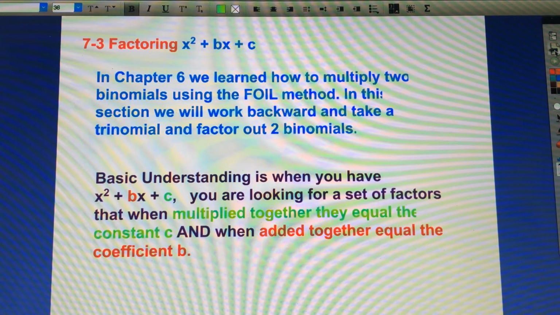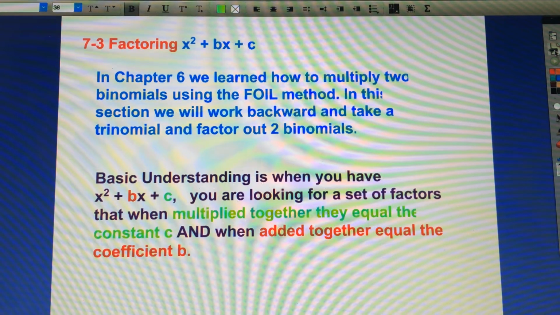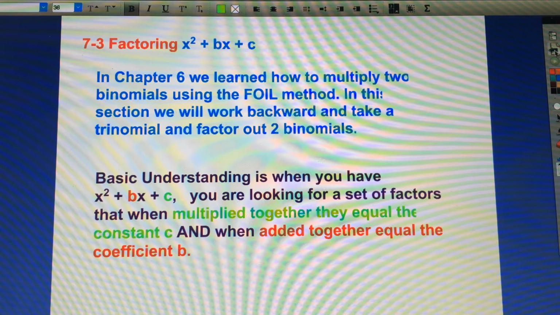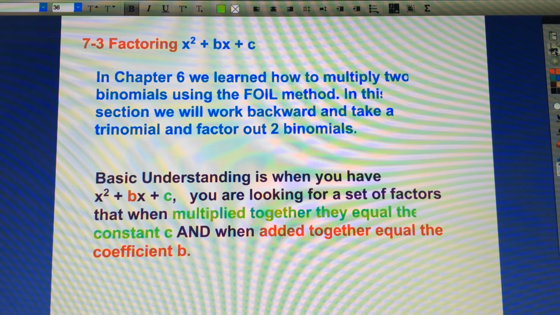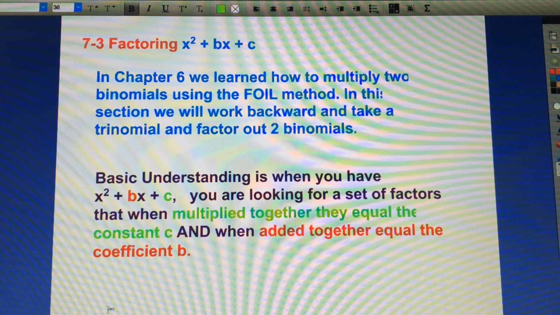We need a basic understanding: when you have x squared plus bx plus c, you are going to look for a set of factors. Remember that factors are two numbers multiplied together to get a product. So you are going to be looking for a set of factors that when multiplied together, they will equal the constant c, and when added together, they will equal the coefficient b.